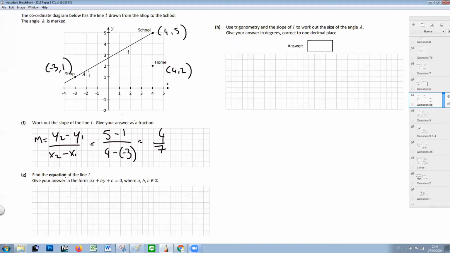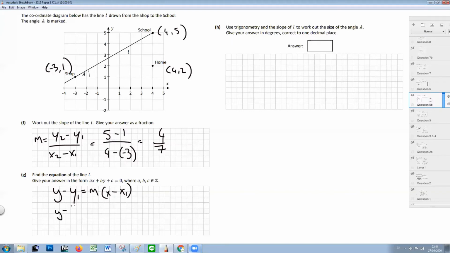The next bit, find the equation of the line L. Give your answer in the form ax plus by plus c. So your equation to a line is y minus y1 is equal to m(x minus x1). Now I have to pick one of these points. So I'm going to pick this one again because it's all pluses.